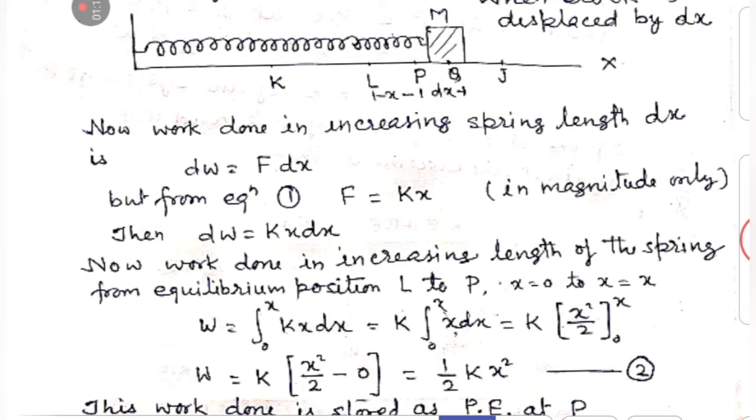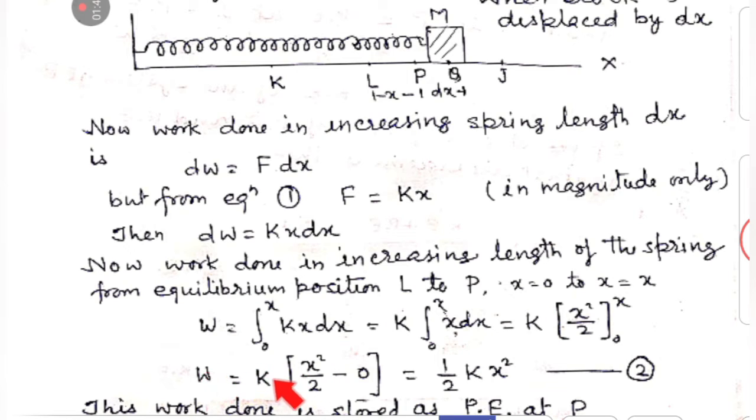On integrating this equation between limits 0 to x, W is equal to the integral from 0 to x of kx dx, which is k times the integral from 0 to x of x dx. The integral of x becomes x square by 2, between 0 and x.